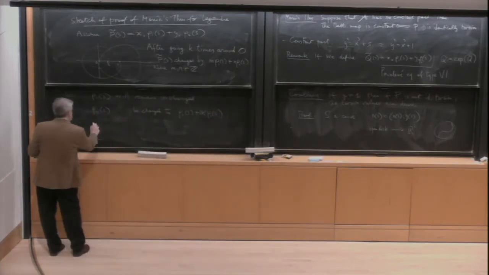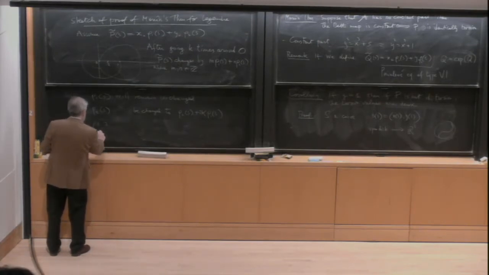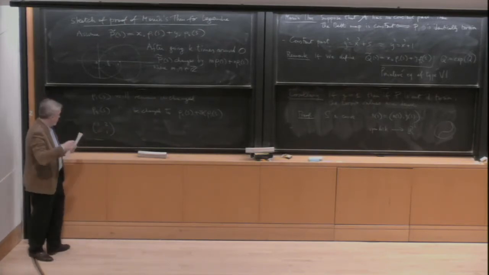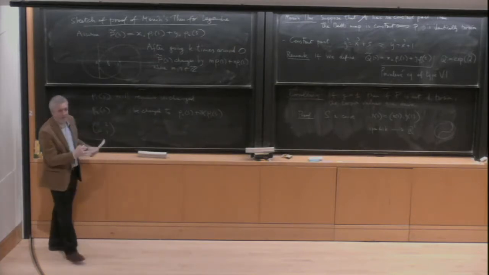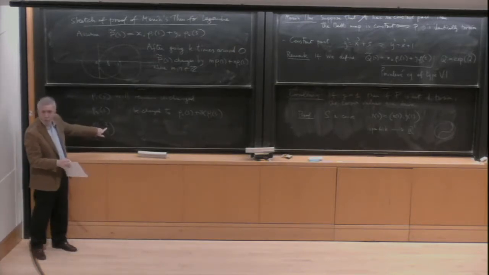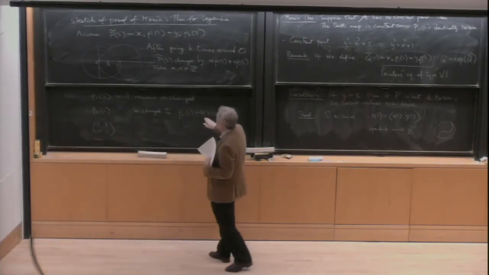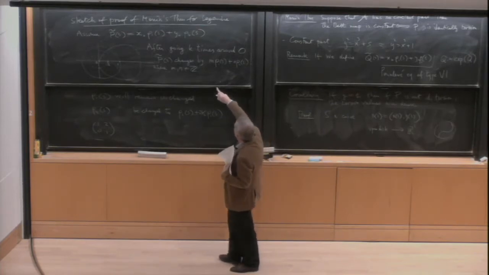So the monodromy matrix is this one. This is the monodromy matrix for rho 2, and if we apply this k times, we obtain 2k here. So now we compare the things.